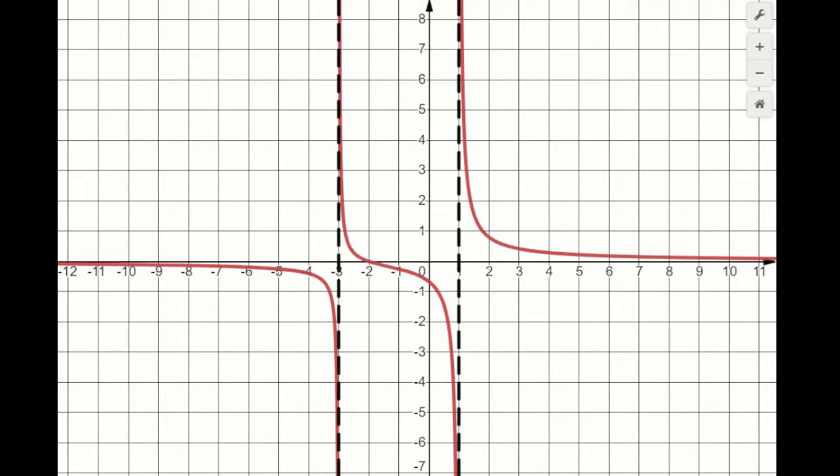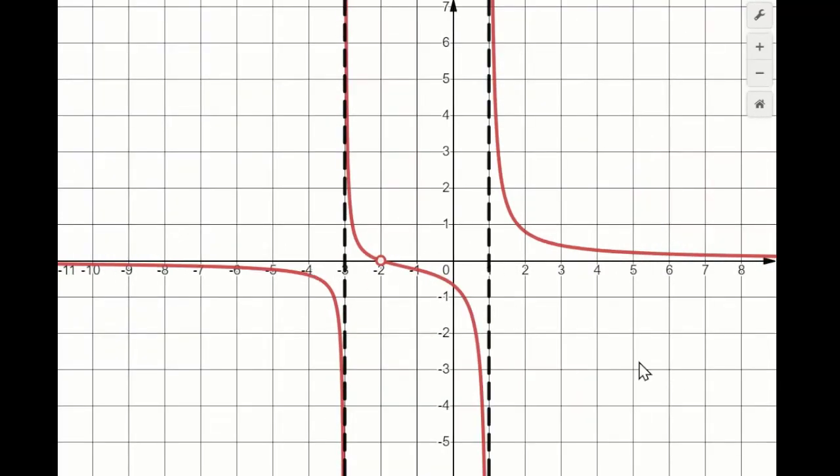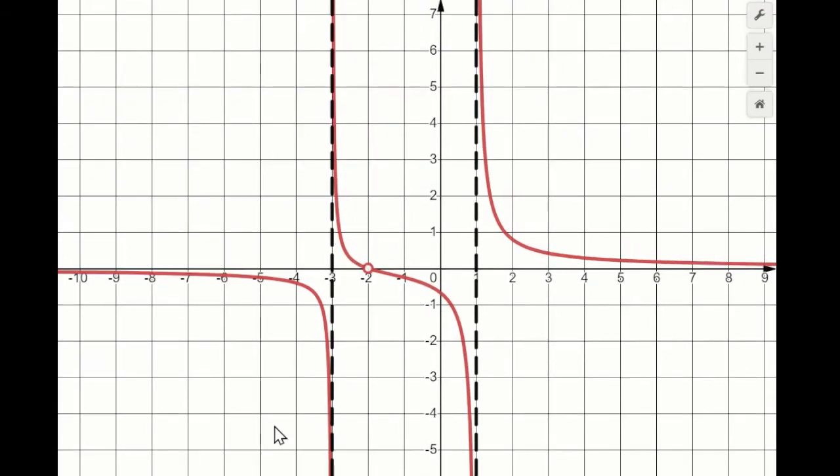So here I have that empty hole that I just popped in. That's the complete graph of our rational function in part D of our example 4. Everything looks consistent as far as vertical asymptotes and hole, consistent with our result on the board earlier.